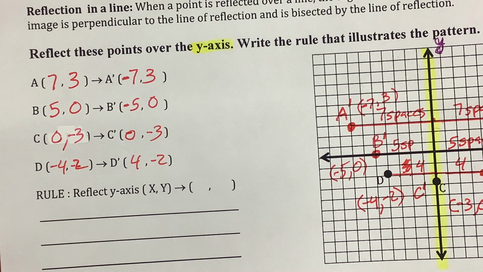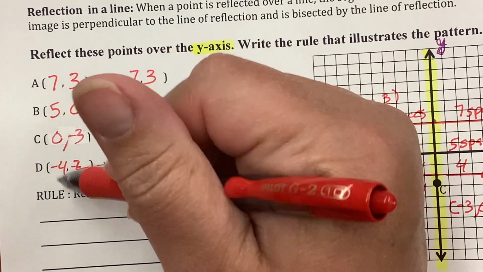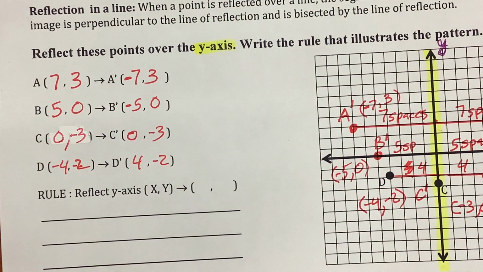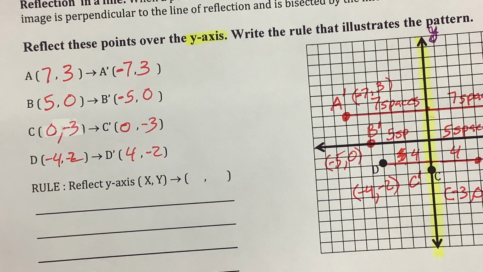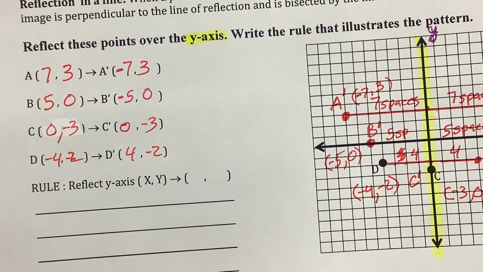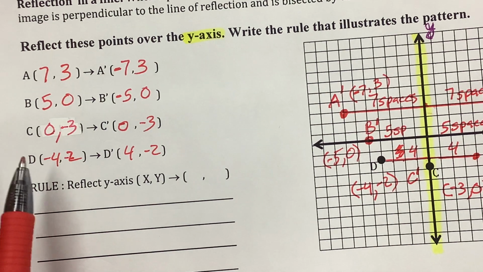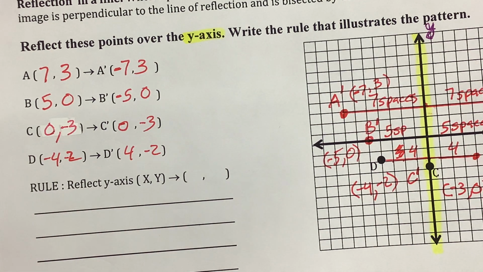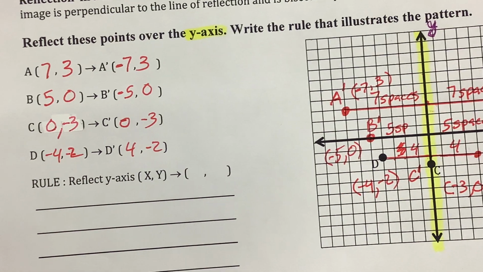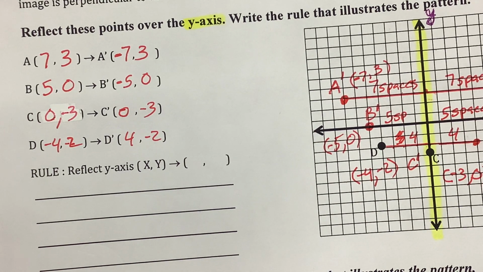Look at it. Well, the X changed signs. Now remember that changing signs does not make it negative, because in this very last one it was negative and now it's positive. So changing the sign is negate. It's multiplying by -1.